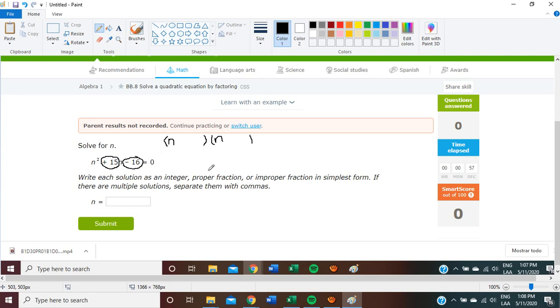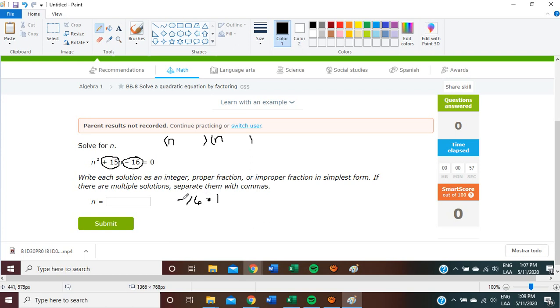So what numbers give you that condition? For example, what numbers can you multiply to give you 16? Let's forget for now about the symbol. For example, 16 times 1 gives you 16. But one of them has to be negative, so we can get negative 16.